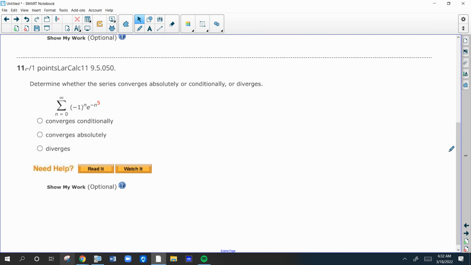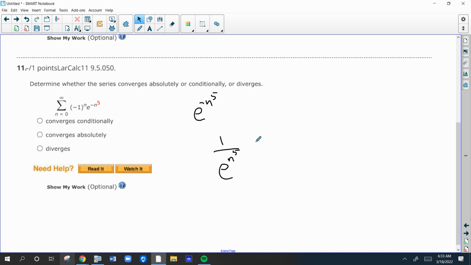Number 11. So we have the absolute value here is e to the negative n to the 5th. Wow. Well, that's going to be 1 over e to the positive n to the 5th. So it's a really strange looking series.